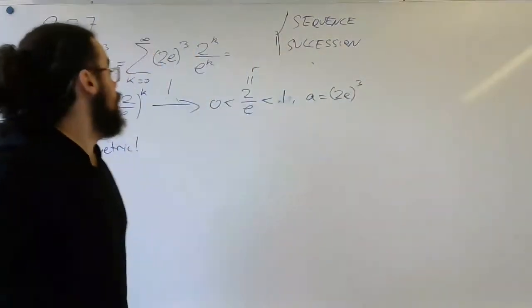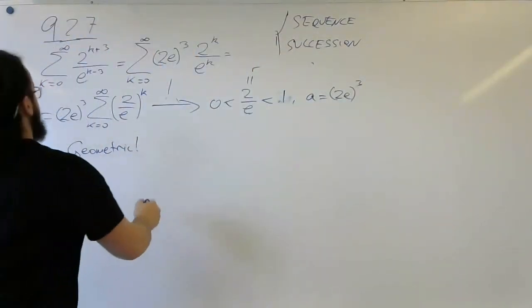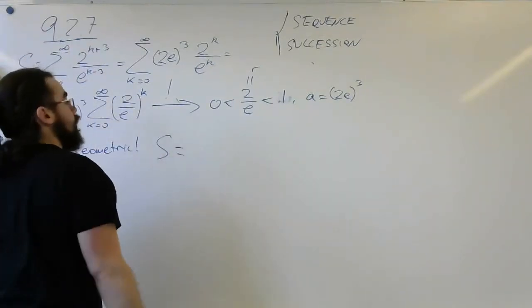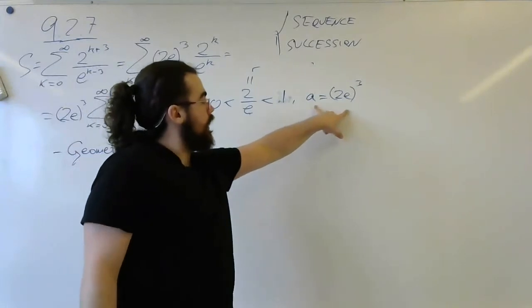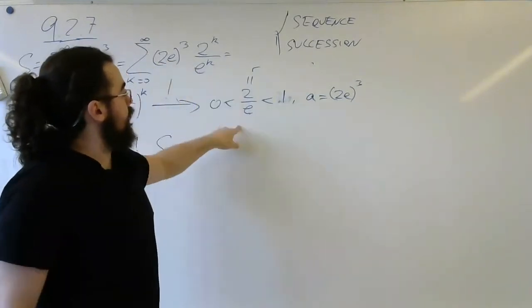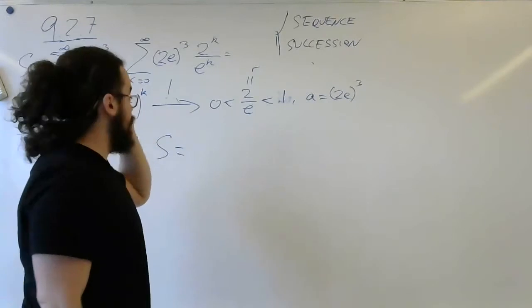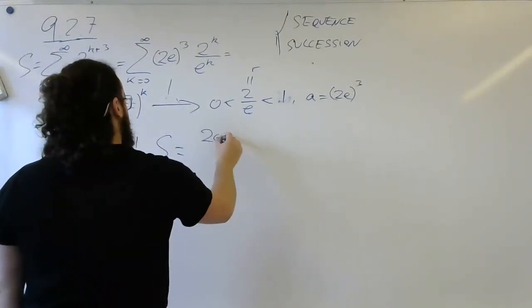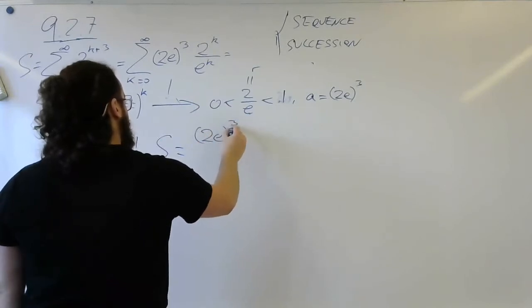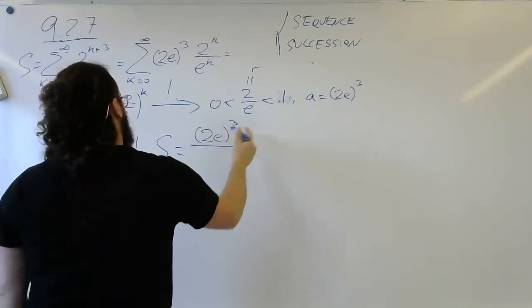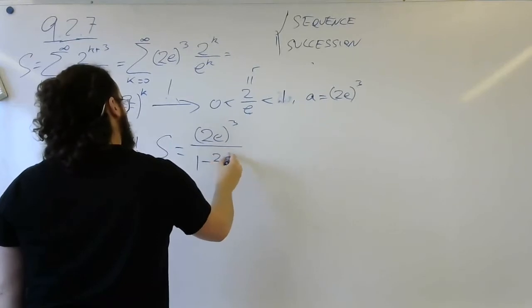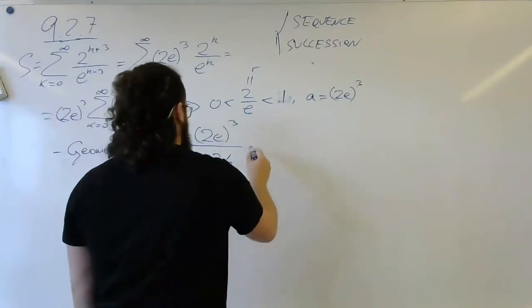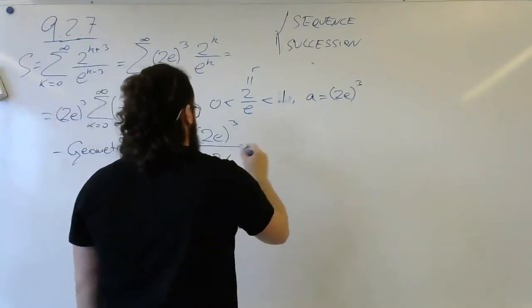There we go. We have another geometric series. What's the sum of this? This is finite. This thing in absolute value is smaller than 1. So this converges to this thing right here over 1 minus 2 over e. Let's see if we can write this a little bit better.